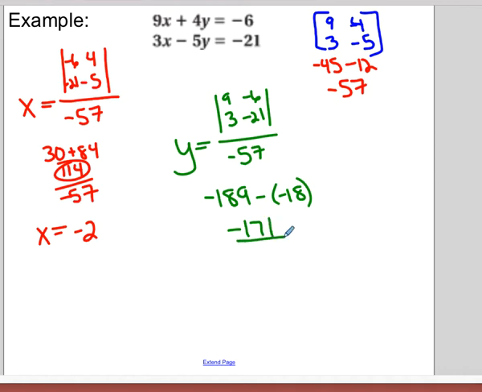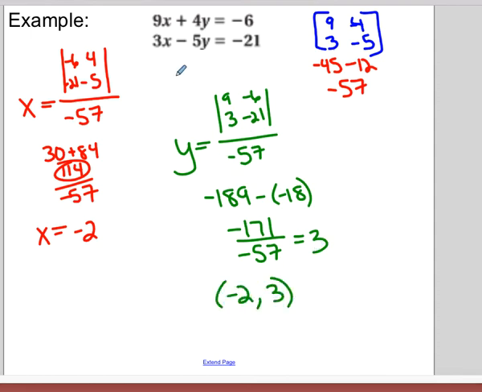Again, I need to divide that by the denominator, which is -57. And if I do that, I know 114 was the other answer, and if I added 57 to 114, I would get 171. So this answer here is a nice clean +3.